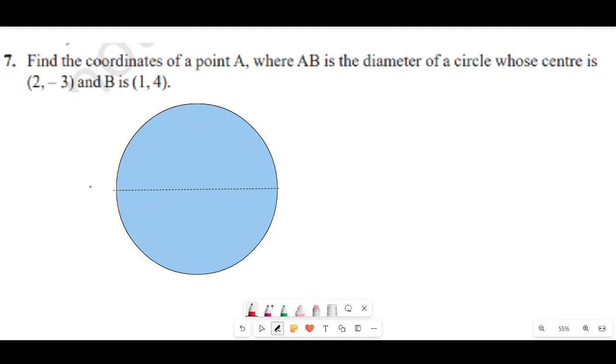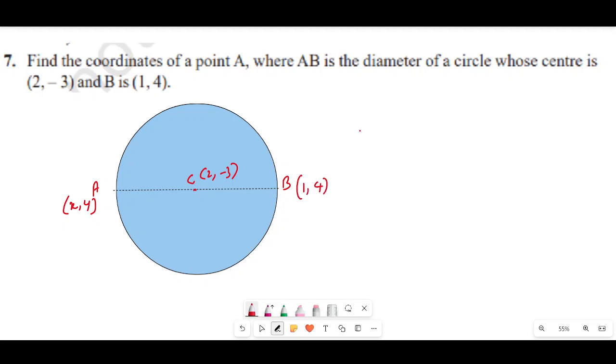Now this is A and this is B. This is the center. Suppose this is C, and (2, -3) is given. Now we don't have information about A, so let's assume this is (x, y), and B is given as (1, 4).